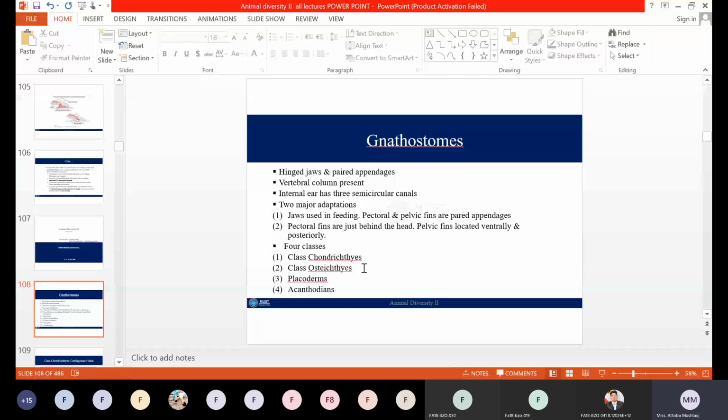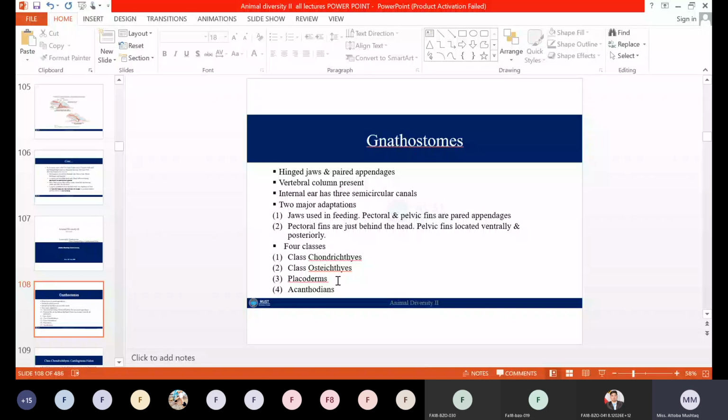If we talk about placoderms, they are armored fishes, or they contain the earliest jawed fishes, and they have left no descendants. As I have told earlier, they are now extinct.